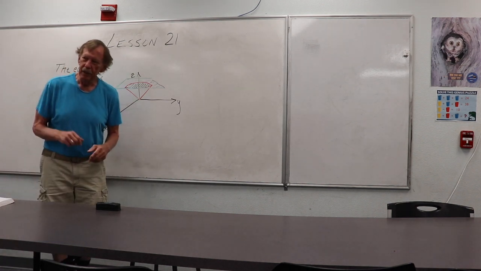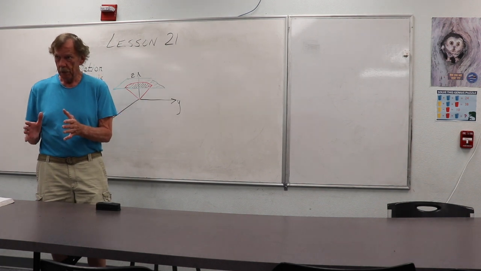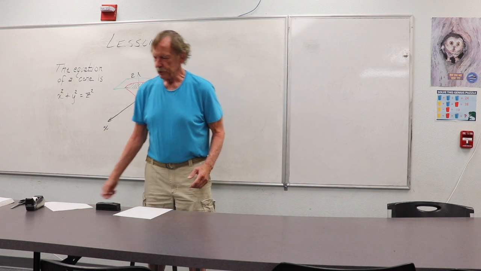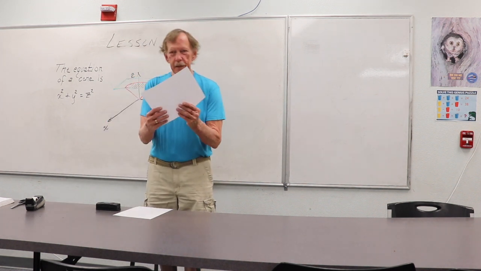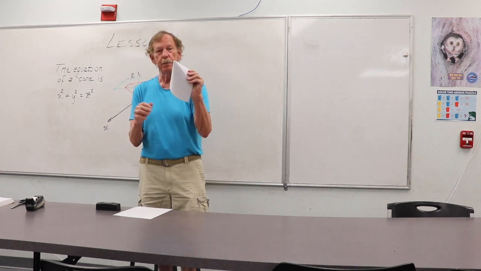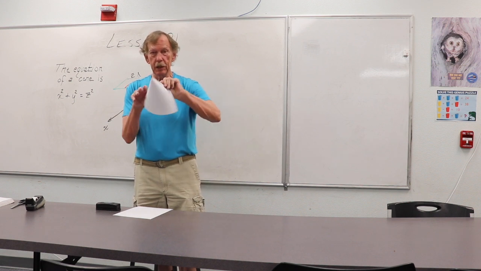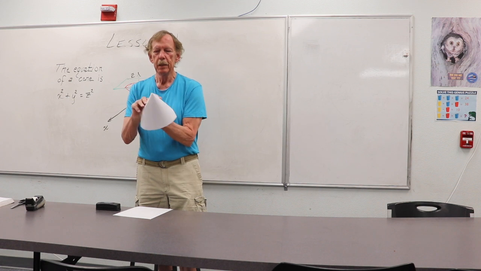Let's take a look at that with a real simple manipulative piece of paper. My props here are going to be easy for you to understand. A piece of paper, which I'm going to roll like this, that's going to give us our cone shape.